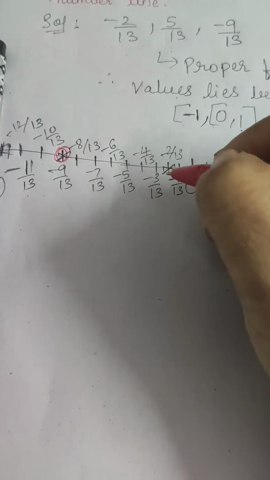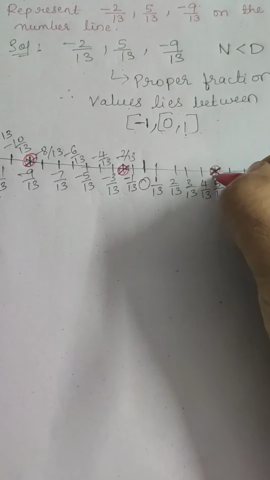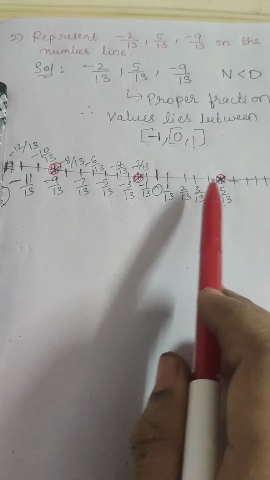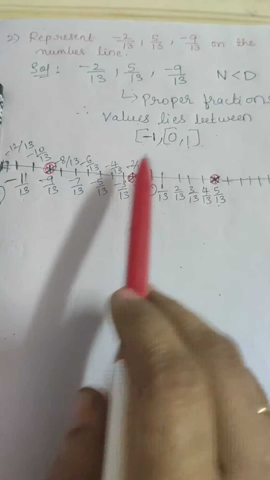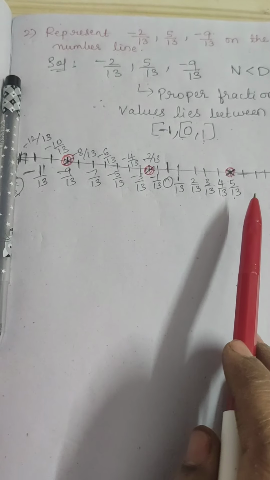Now I'm circling minus 9 by 13, minus 2 by 13 and 5 by 13. Now I represented the three numbers on the number line. This is the way how we represent on the number line.